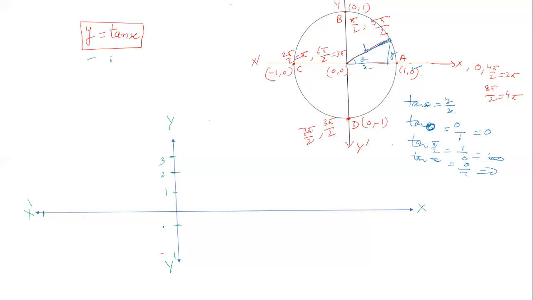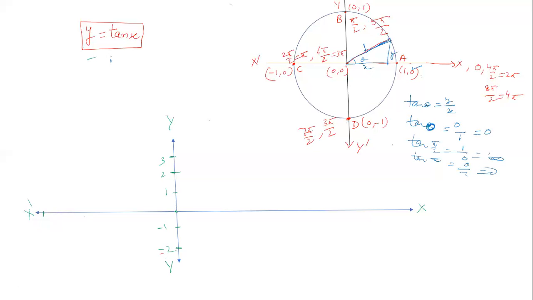Similarly, minus 1, minus 2, minus 3, or in this way we can take minus 1, minus 2, taking the same equal distance. Be very careful about this. So this is -1 and this is -2.